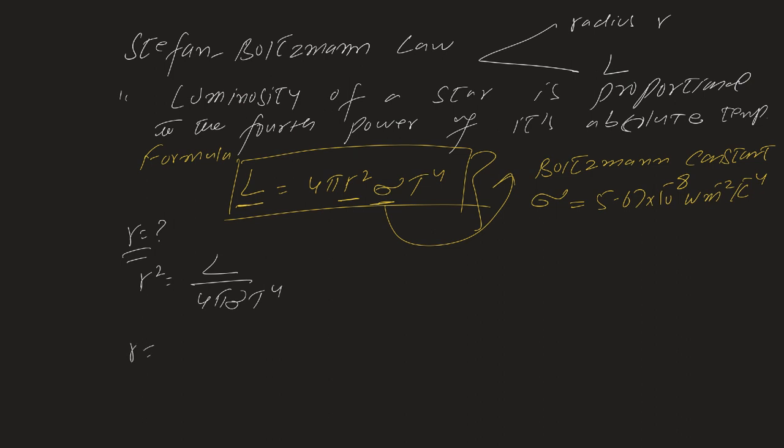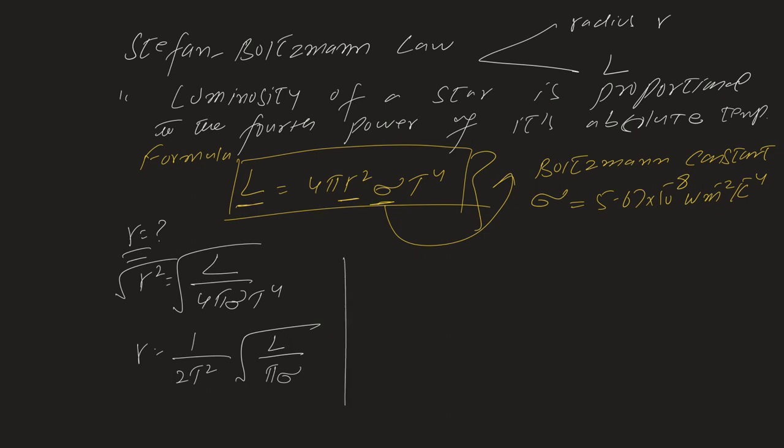So if you are taking the square root of it, r is equal to 1 over 2T square root of L over pi sigma.